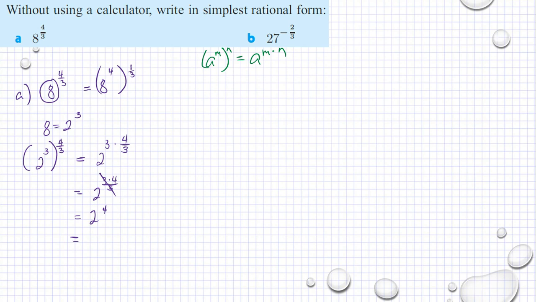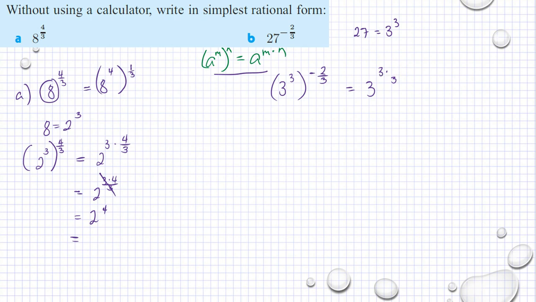Another example is 27 raised to negative 2/3. But you know that 27 is also 3 raised to 3. So I will do that. 3 raised to 3, raised to negative 2/3. And we're going to use this law. Then we have 3 raised to 3 times negative 2 divided by 3. Okay? Or maybe I am going too fast.